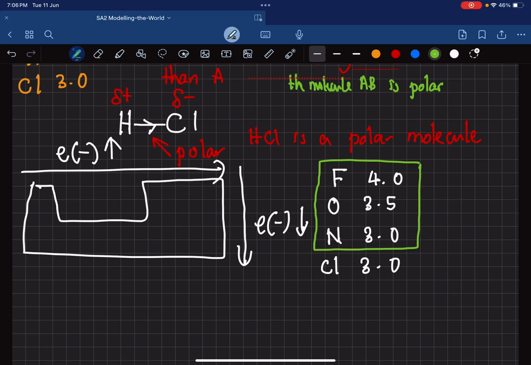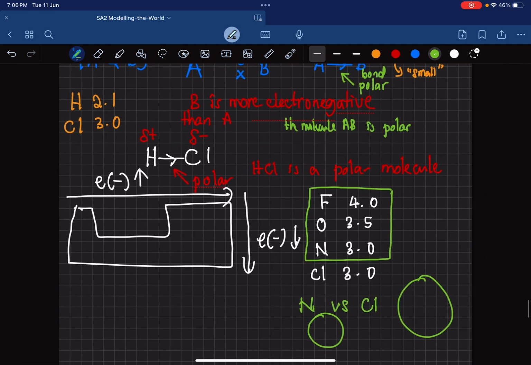If you wonder why nitrogen and chlorine have the same value but rank differently, it is simply because chlorine is bigger. Nitrogen is smaller because it's only made up of 2 shells, so it's able to attract things much closer to itself.